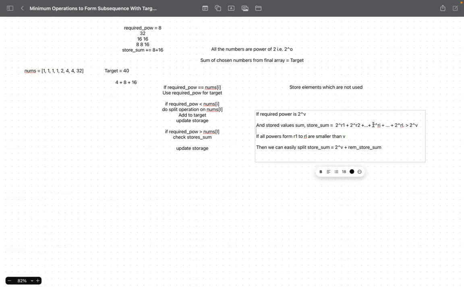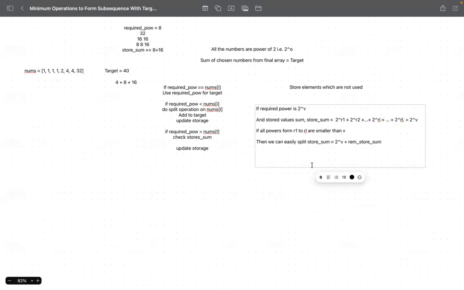So in that case, if this is the condition and you remove 2 to the power v from this, it will always be possible that you can get another split which will also be available in that sequence. Let's understand this with an example.